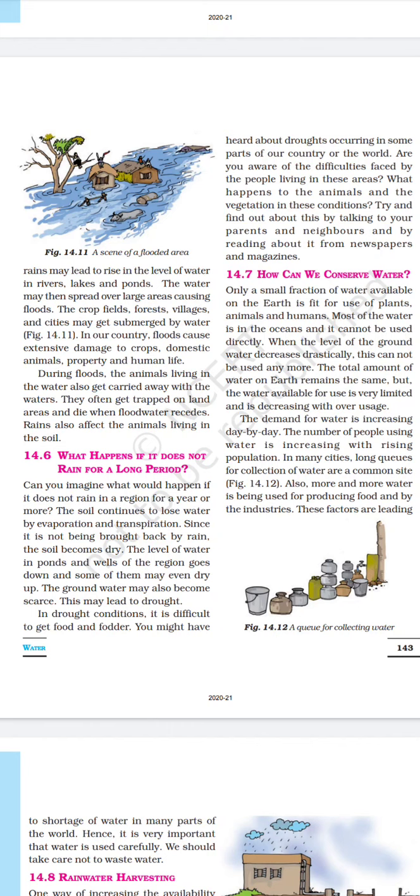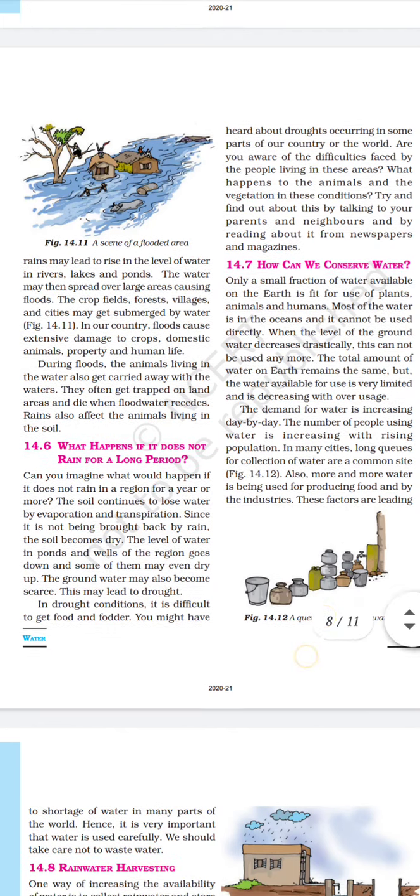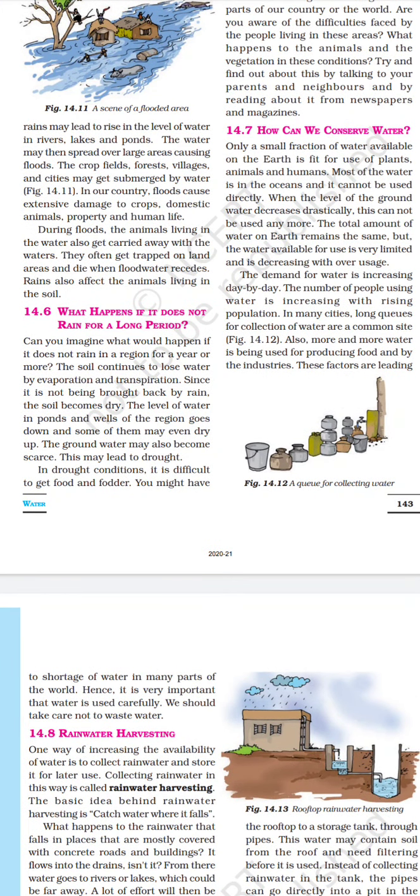So just think what is the condition of them. Also, more and more water is being used for producing food and by the industries. These factors are leading to shortage of water in many parts of the world.